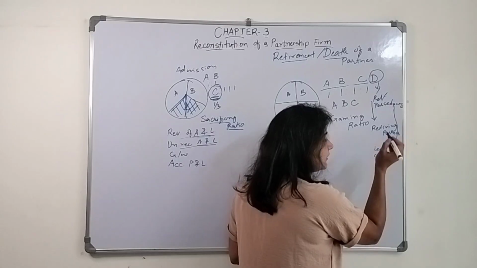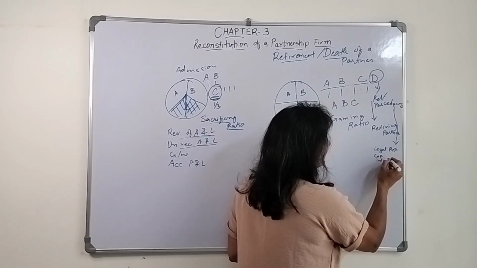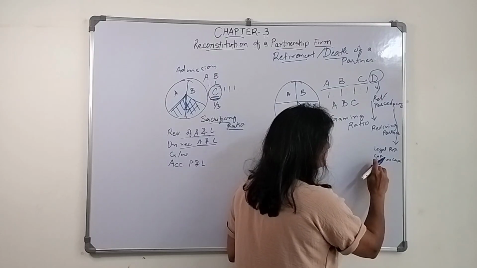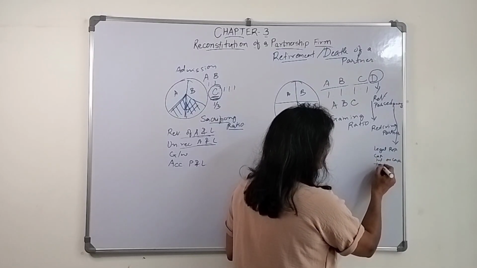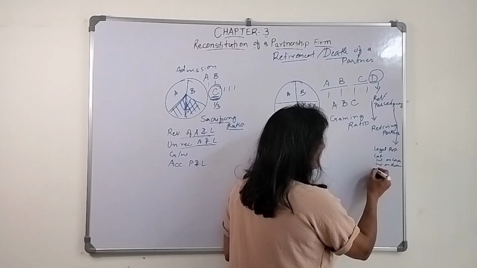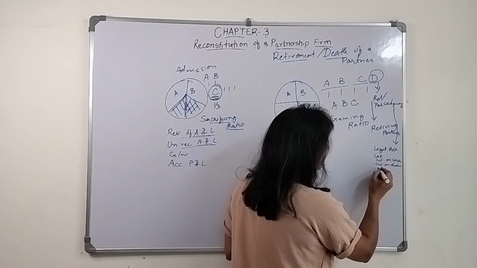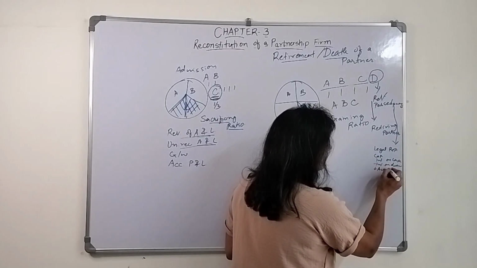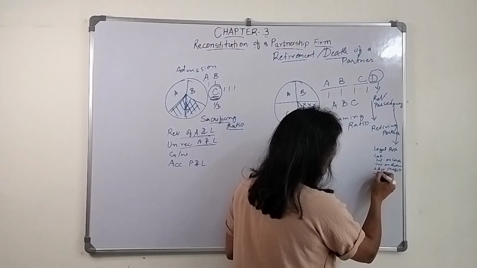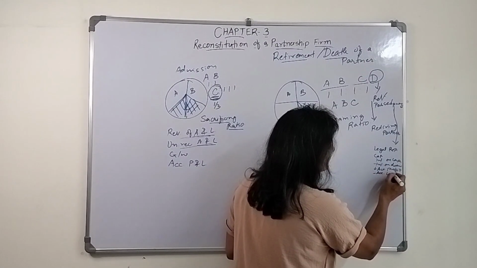Their capital amount, along with interest on capital. If he has withdrawn a certain amount, we will deduct interest on drawings. There could be an accumulated profit, or there could be certain losses, which we will deduct.